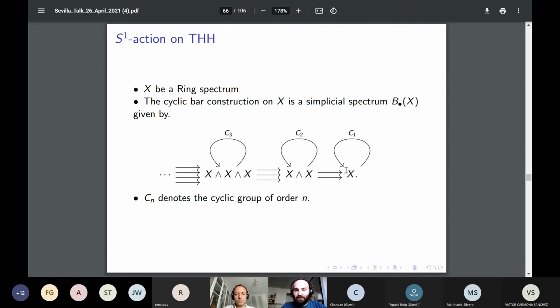So in degree 0, you get a cyclic action of order 1, which means no action. In degree 2, you have a cyclic action of order 2, which just switches these two factors, and so on. And this turns into an S1 action on THH of X. That's where the word cyclic comes from in topological cyclic homology.